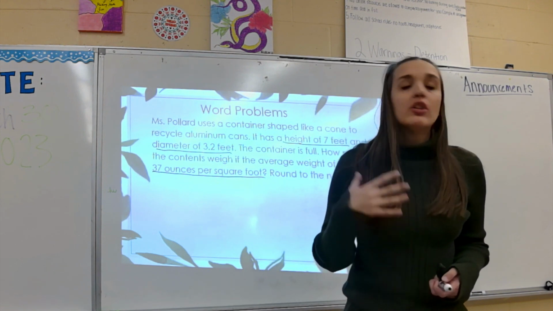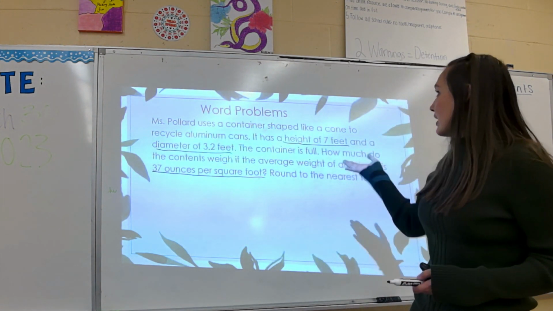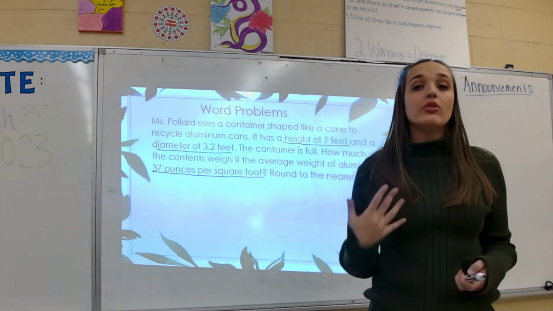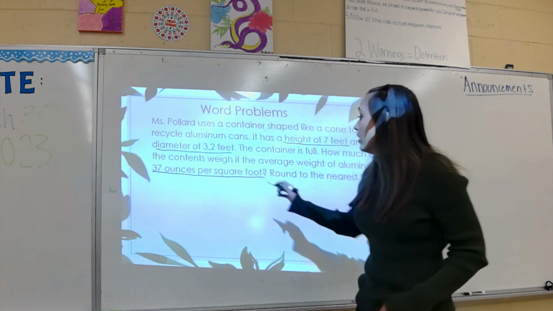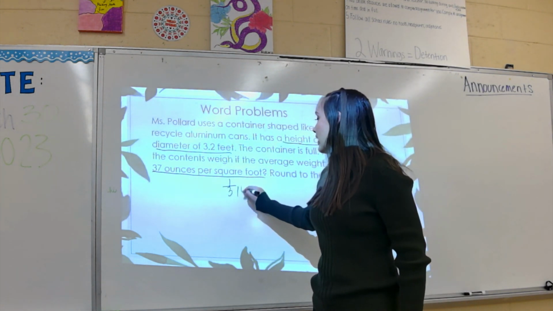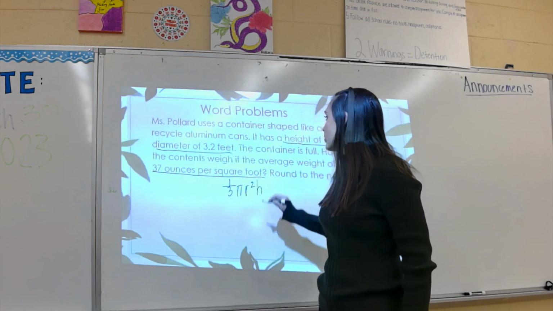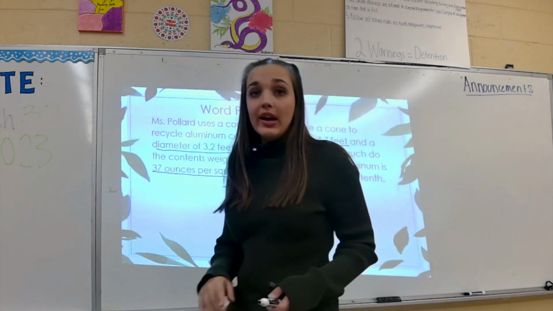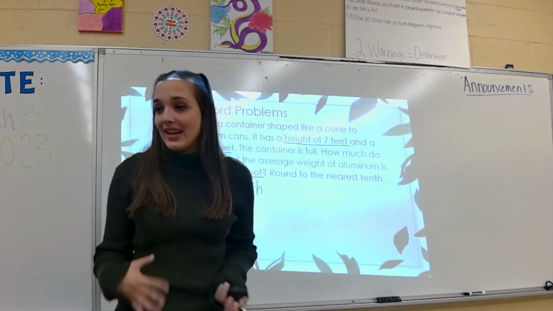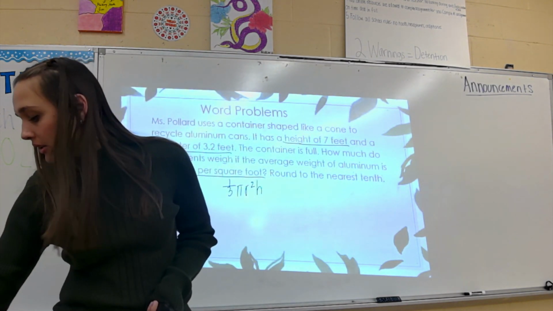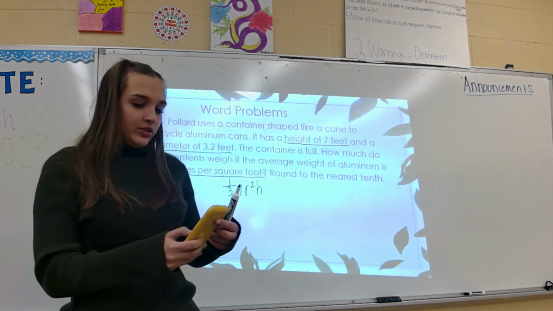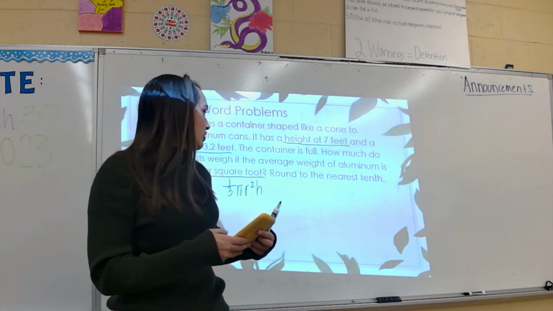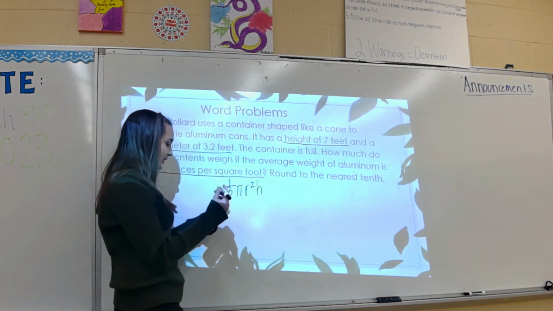So what I am going to do here is, I see I'm working with a cone, so I'm going to use the cone volume formula, which is 1/3 pi r squared h. They tell me that my diameter is 3.2, so I am going to have to divide that in half. So I get my calculator, and I do 3.2 divided by 2, and my radius is 1.6.